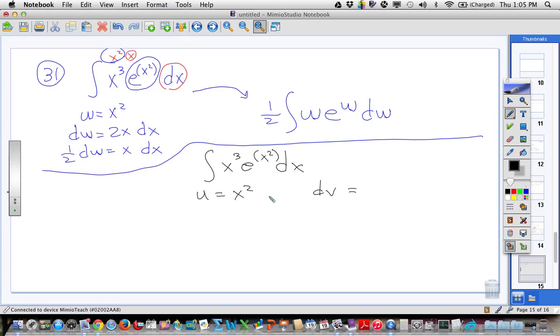So if I've already used x squared for the u, there's an x left with the rest of it. So I get x e to the x squared. I wouldn't want to put a u there because that'd be mixing stuff up. So the x squared I used here, and everything else has to be the dv. So the x that's left plus that has to all go there. Now, this part's easy. The du would equal 2x dx.